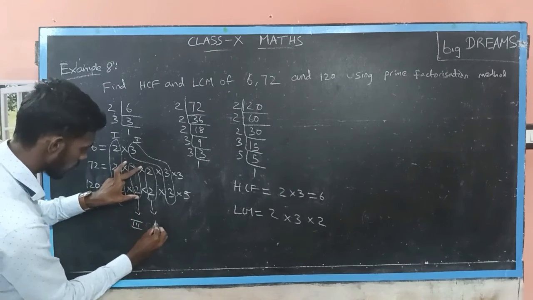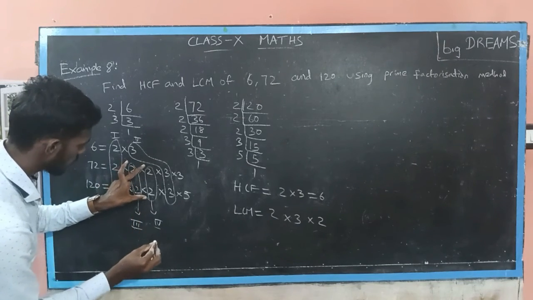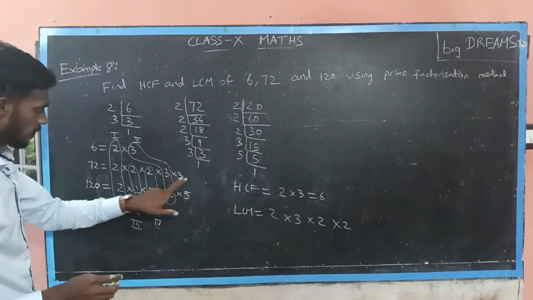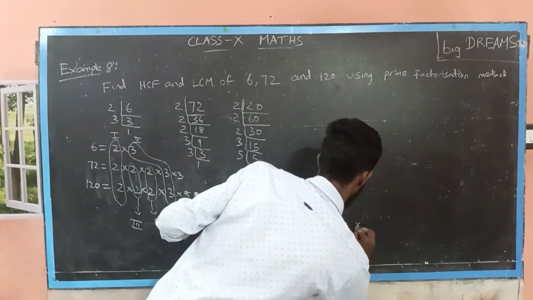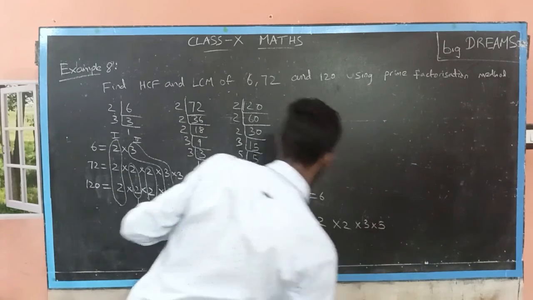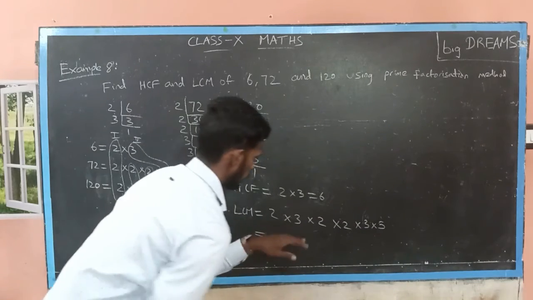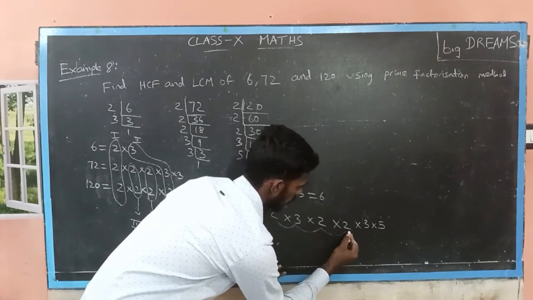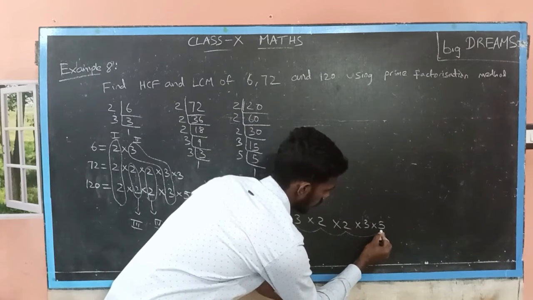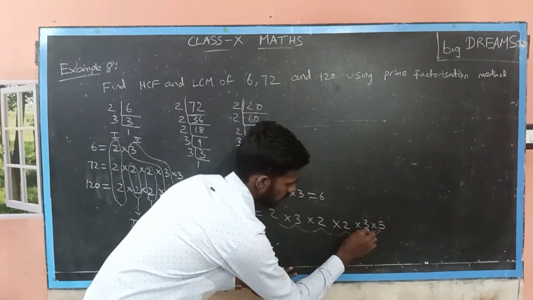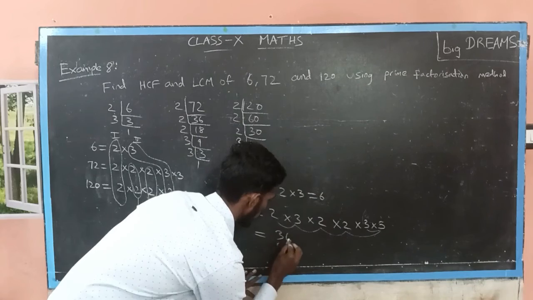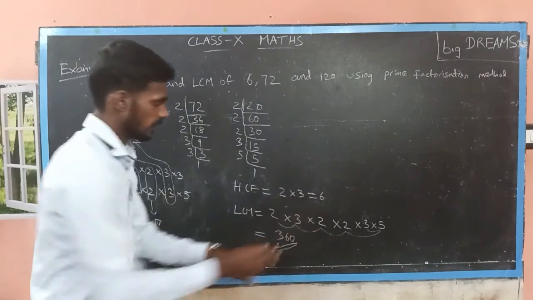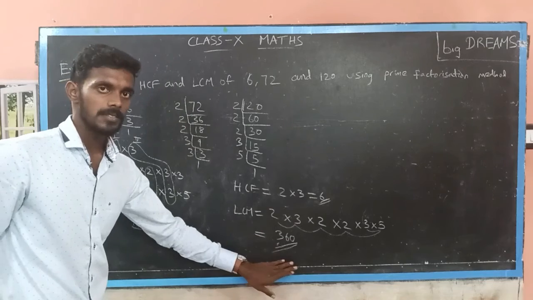Then this is the fourth set, so I am combining these 2s into 1 2, so into 2, and the left out things are 3 and 5. So the product of these numbers: 2 3s are 6, 6 2s are 12, 12 2s are 24, 24 5s are 120, 120 into 3 is 360. So I am getting 360. So the HCF between these numbers is 6 and the LCM is 360.